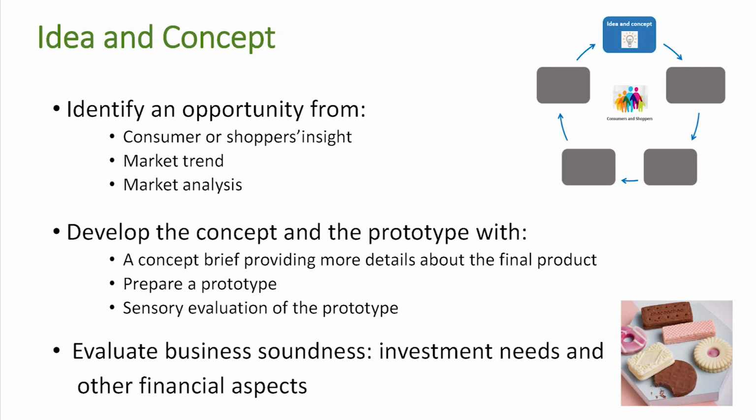Consumers and shoppers have needs. They've been eating your vanilla biscuits maybe for 10 years, and they say, look, we want something different. This is their insight. They are telling you, you are supplying us with vanilla biscuits, now we would like something different. This is their insight.